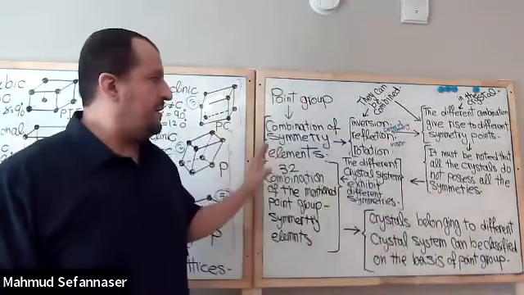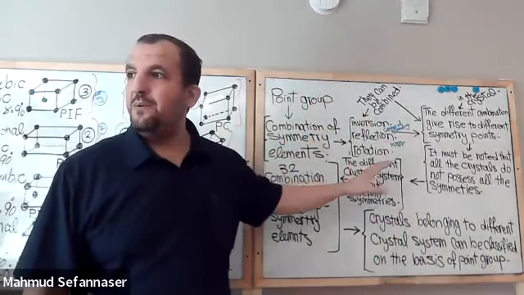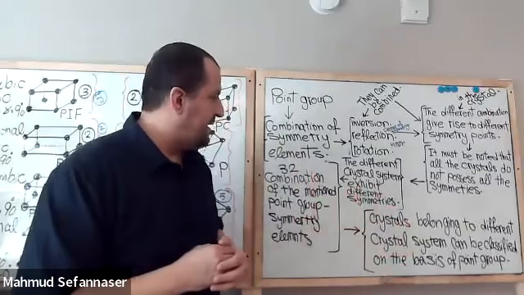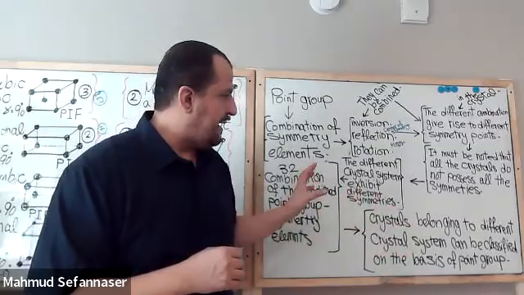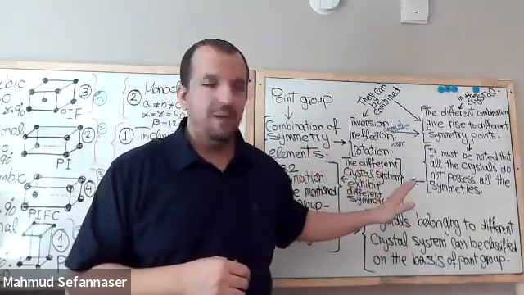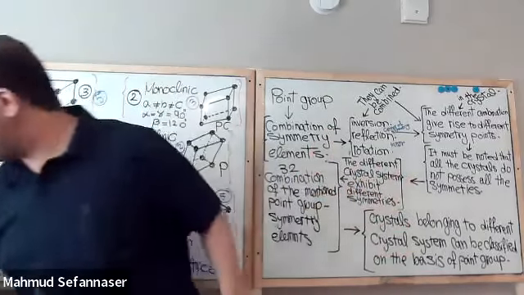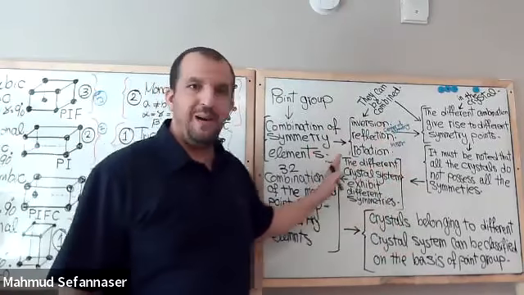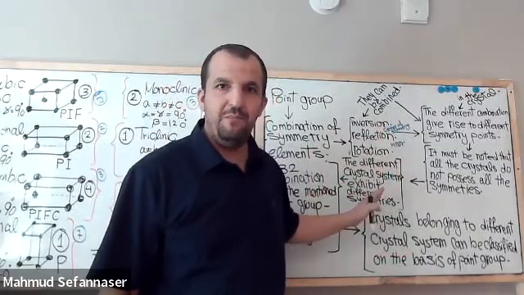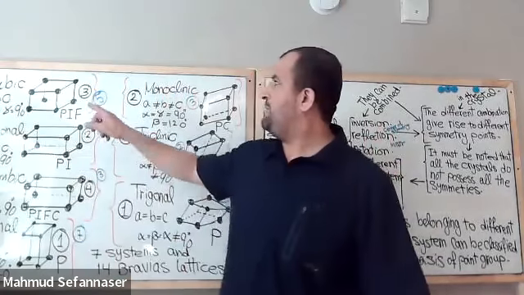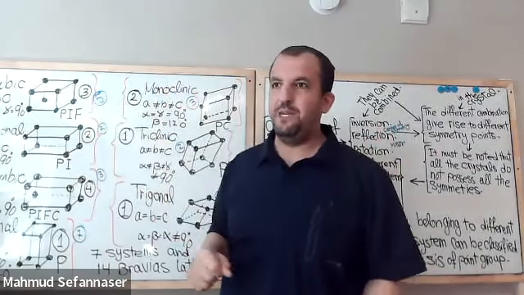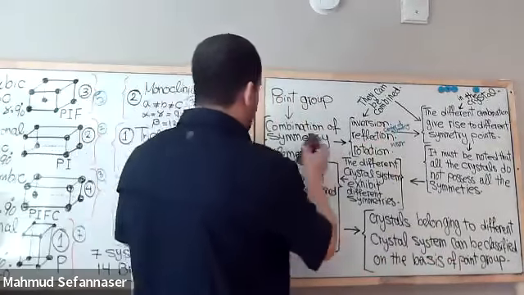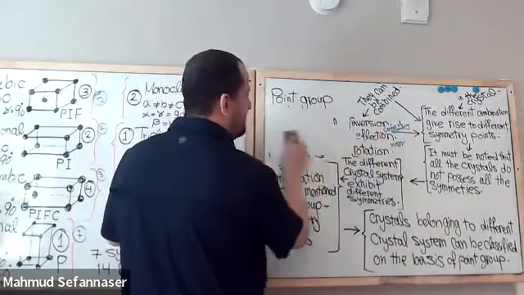Hopefully you are good with this side, but the good idea is to erase all of that and take the cubic as an example here, and try to explain to you why we have 5 point groups. So I will erase this side.